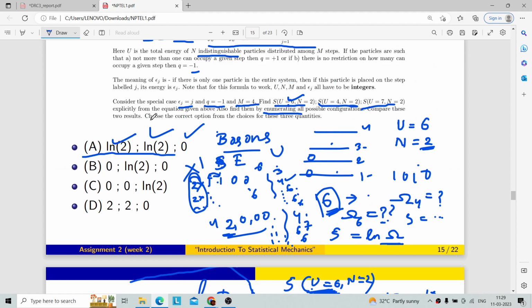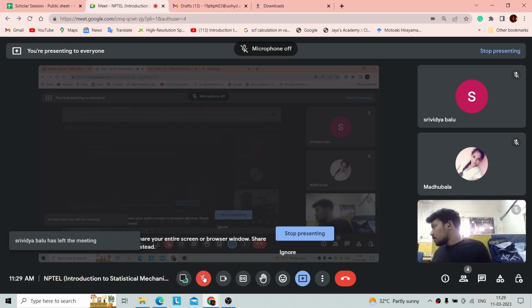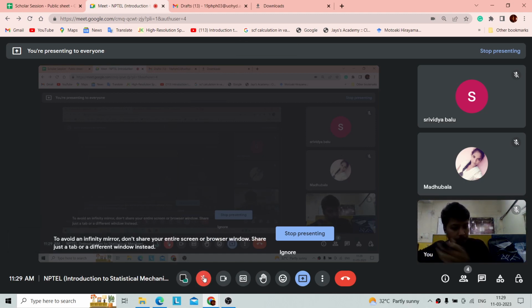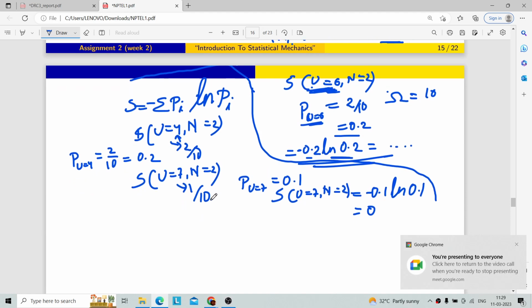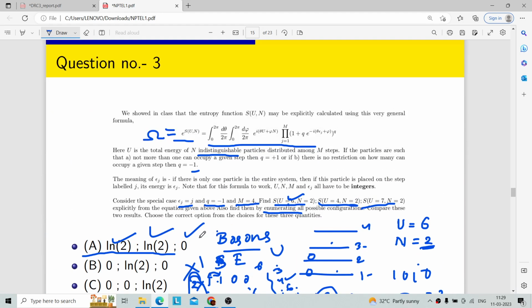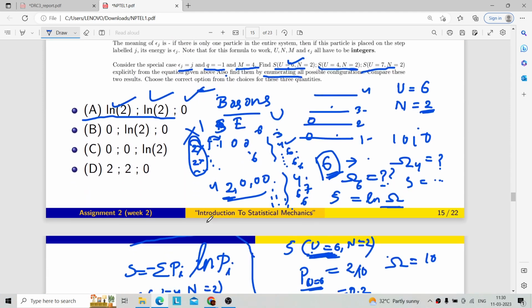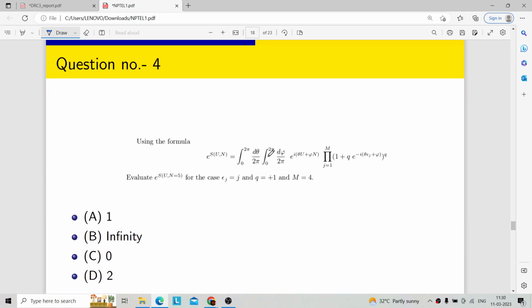In this question, it is asked you to explore two different methods of calculation of this entropy, right?